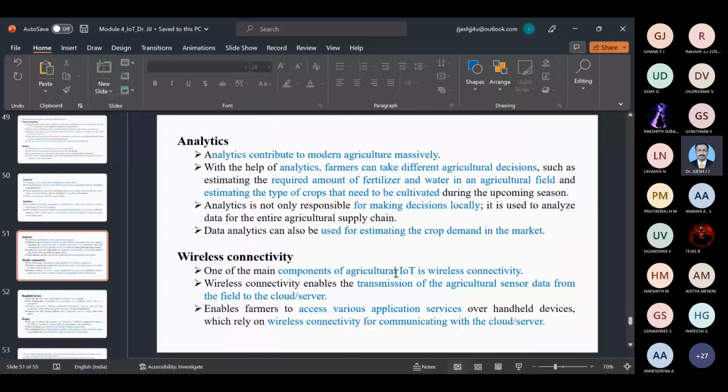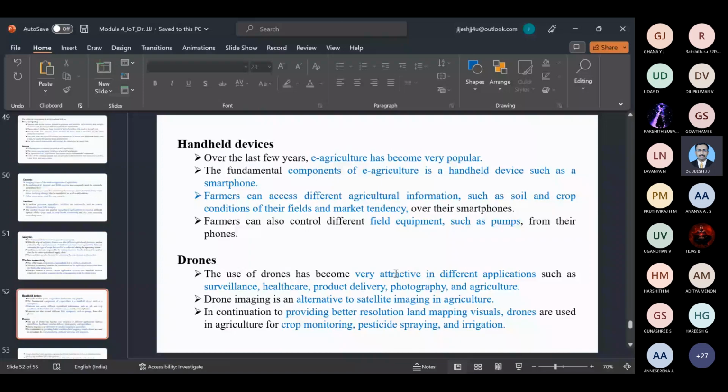So we have seen how the data has to be collected, how the information has to be transferred, what role the analysis of the entire information plays, and how the wireless connectivity can be monitored. We also have to understand these handheld devices. Nowadays e-agriculture has become very popular, and you might have all heard about it, where handheld devices like smartphones play a major role and can monitor on a day-to-day basis.